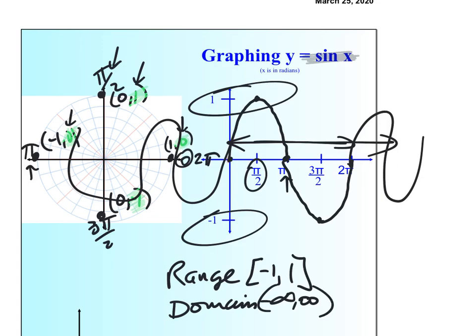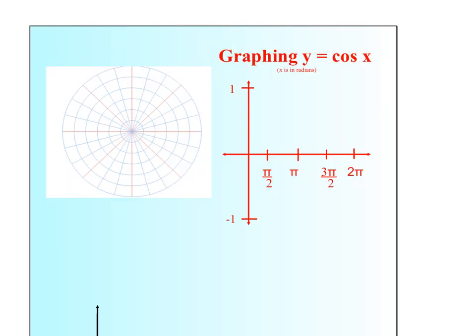Okay, so this base graph of sine is very similar to the one for cosine. Remember that we started with 0 and then pi over 2, which I'm going to call 1 pi over 2, 2 pi over 2, 3 pi over 2, and 4 pi over 2 were the key spots. All right, let's go look at that same idea for cosine. Same spots, right?